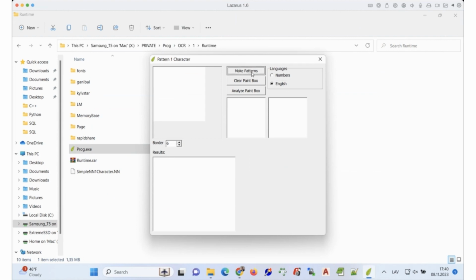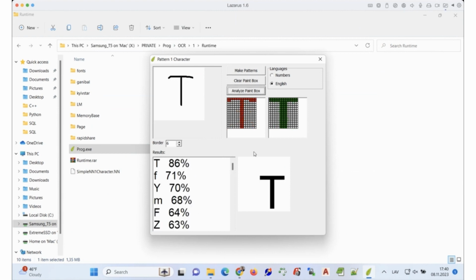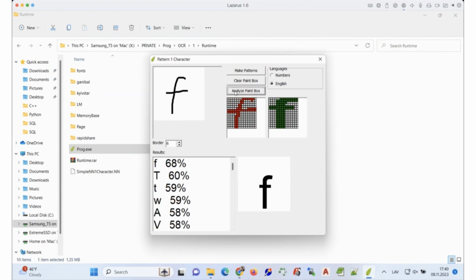For example, we can make patterns, we can draw something we would like, and we can just analyze. And you can see there is the percentage of the comparison. So we literally can do a lot of different comparisons, right? And you can see we will be receiving the result.